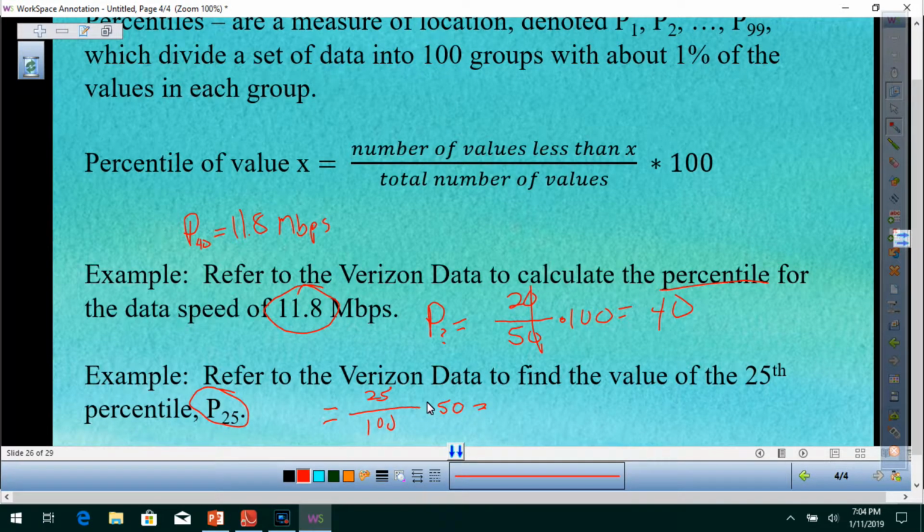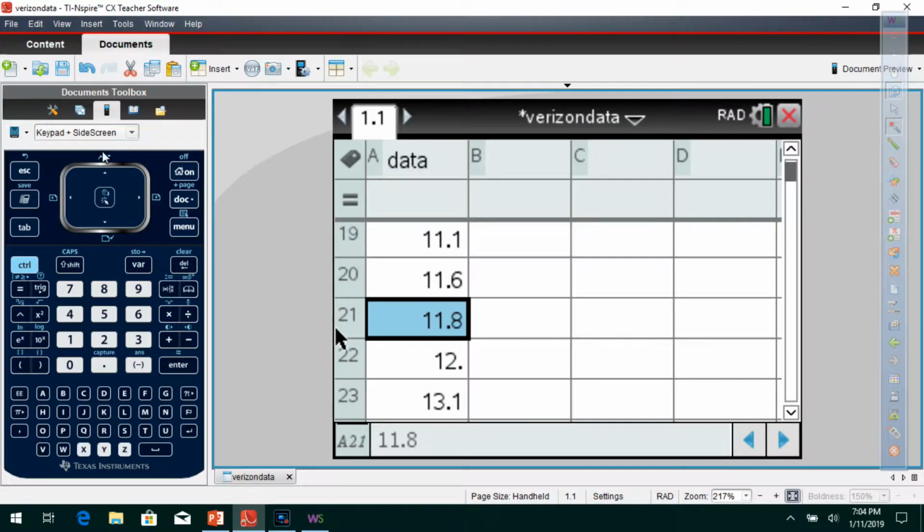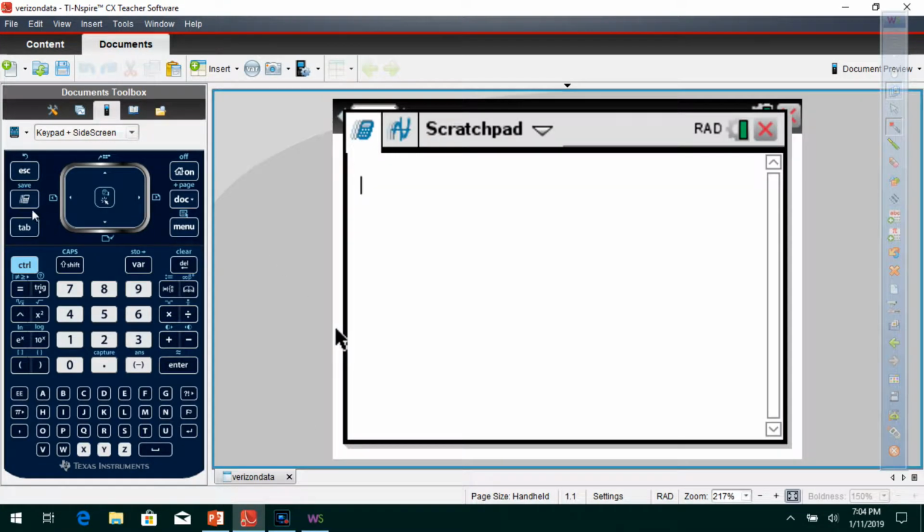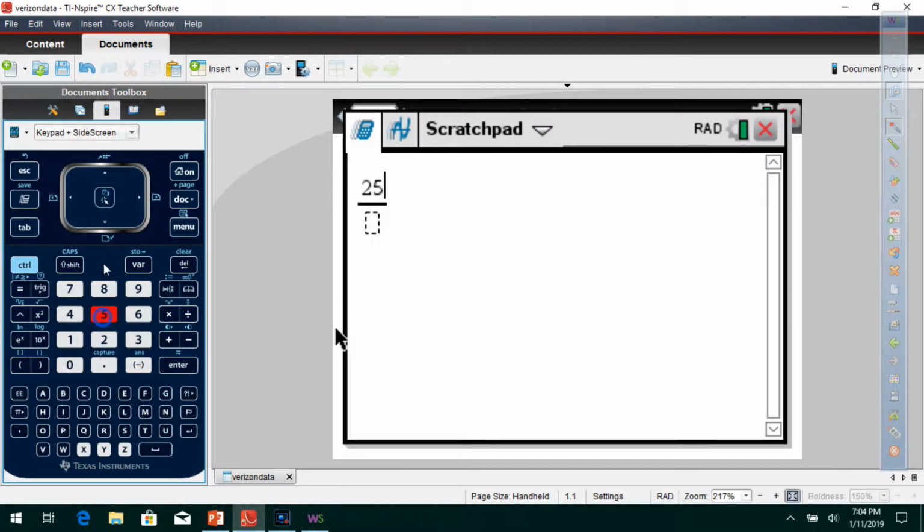What is that going to give me? 25 is 1/4, so 1/4 of 50. Let's just do the calculator. We'll get the scratch pad there. Control divide, 25 over 100 times, was it 50?